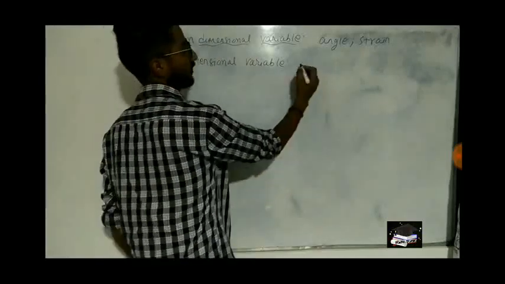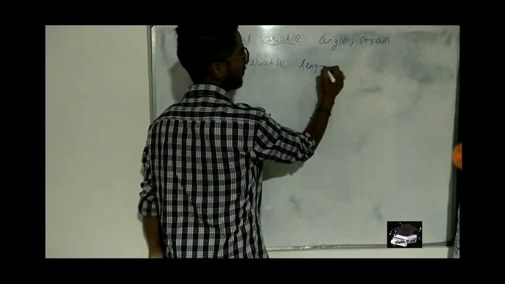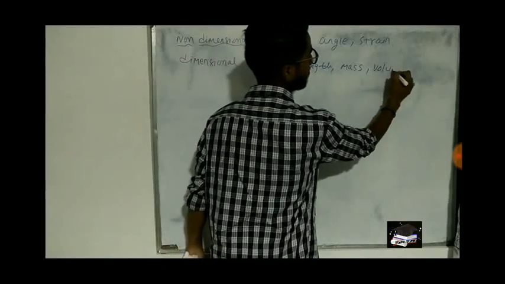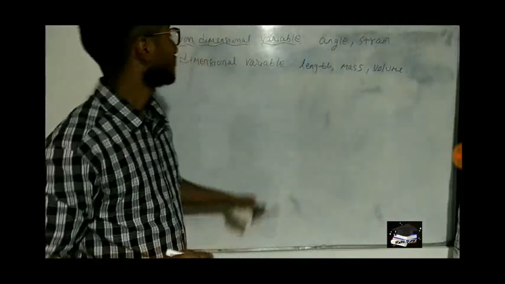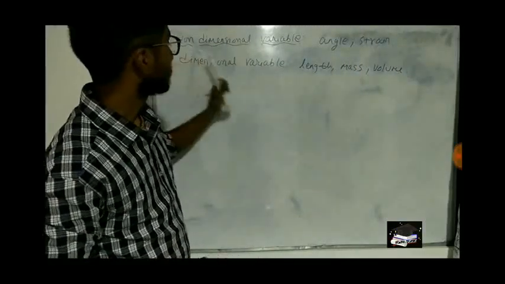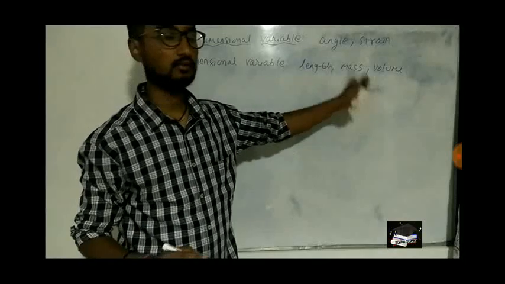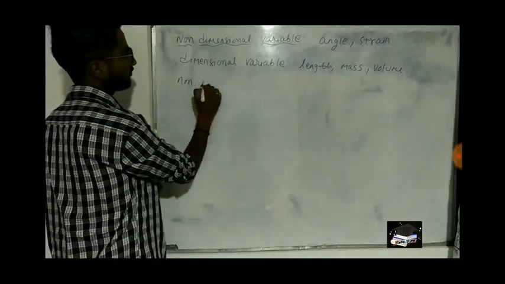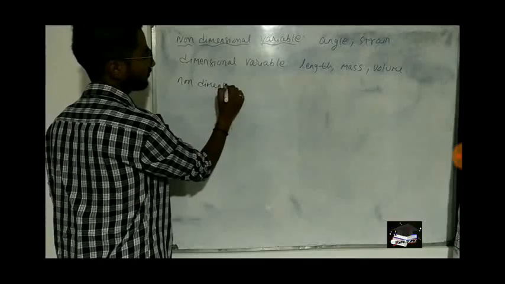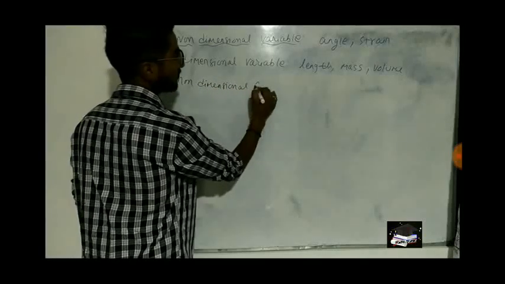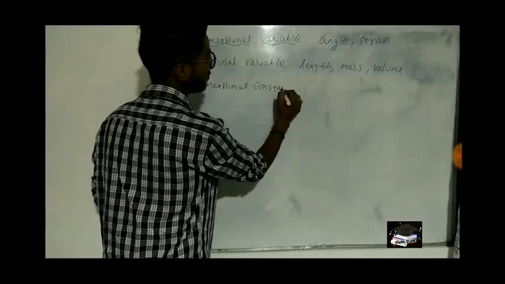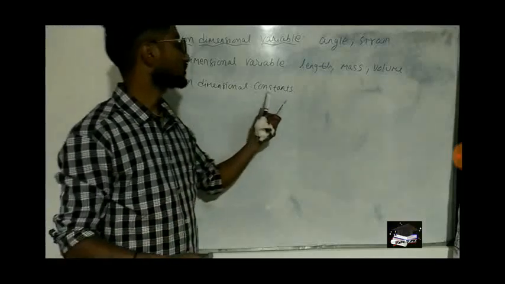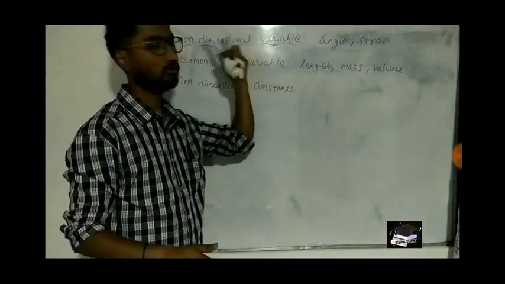Plenty of examples: length, mass, volume, etc. These are the variables which have dimension. Now next we have non-dimensional constants, constants which do not have dimensions.